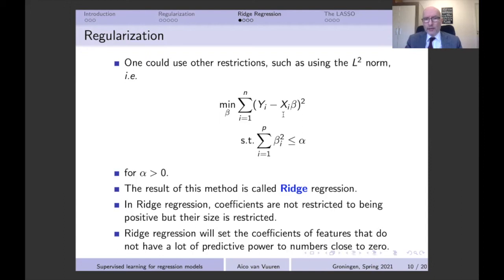In addition to that, we can also look at features that are a little bit in between. They're not extremely good predictors, but they're not extremely bad either. They have some contribution to the prediction. What you will generally see is that for those predictors, ridge will do something in between as well. It will set these beta coefficients not close to their ordinary least squares values, but somewhere in between.